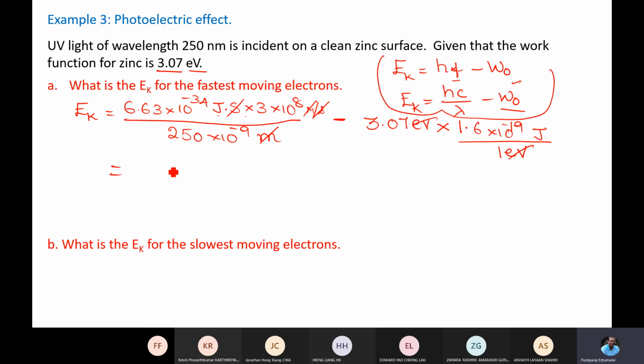So I am getting an energy of 3.044 into 10 power minus 19 joules as kinetic energy. So this is the kinetic energy of the electron with the maximum speed.